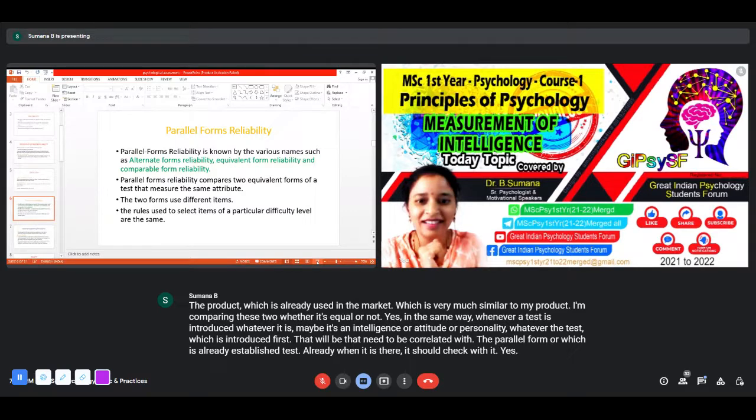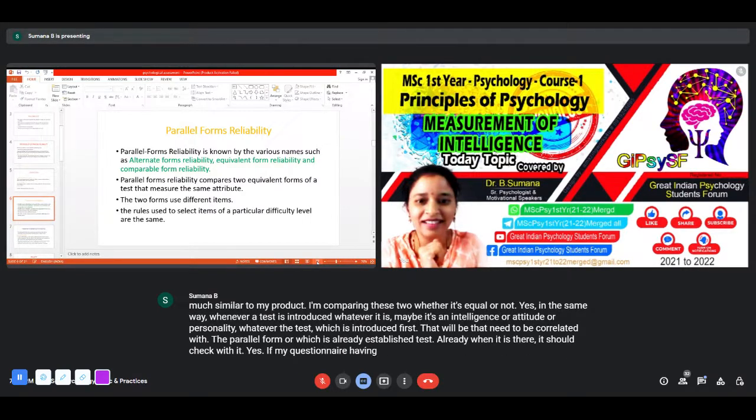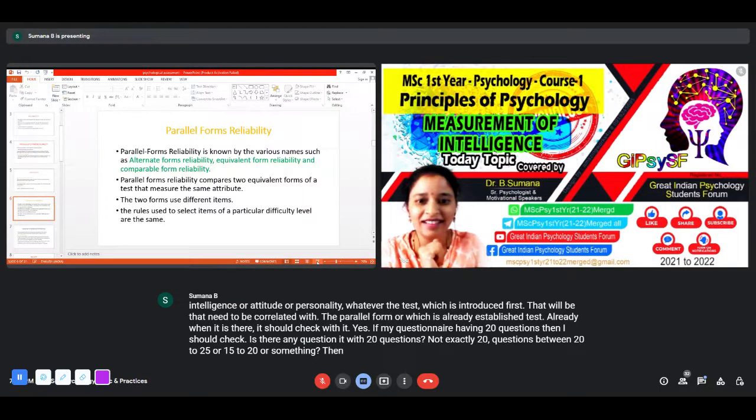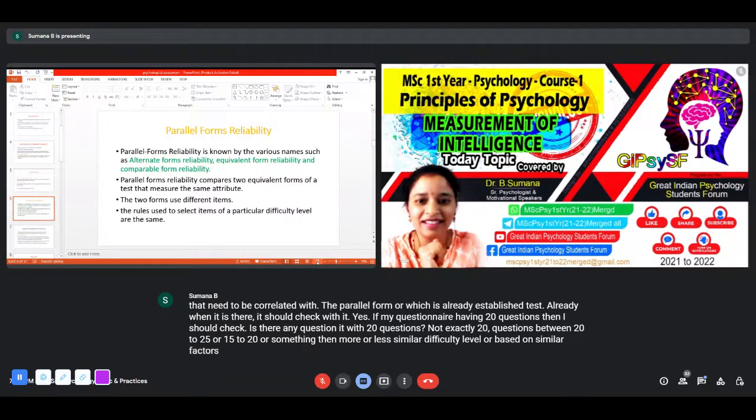If my questionnaire has 20 questions, then I should check whether there is any questionnaire with 20 questions, not exactly 20, maybe between 20 to 25 or 15 to 20, with more or less similar difficulty level or based on similar psychological factors. If any test was previously developed, then I will correlate my test with that.